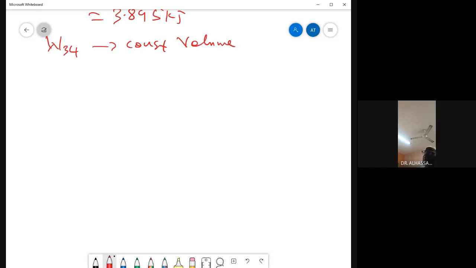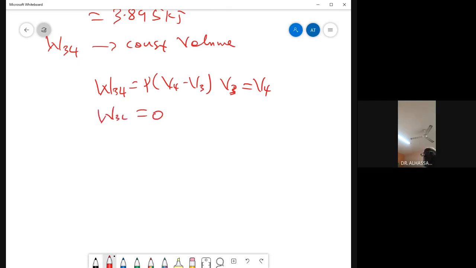And we know that for a constant volume process, W34 equals P times V4 minus V3. So V4 and V3 are the same. Okay, so in P, it implies this equals 0. So W34 equals 0. So the final one is to find W41.